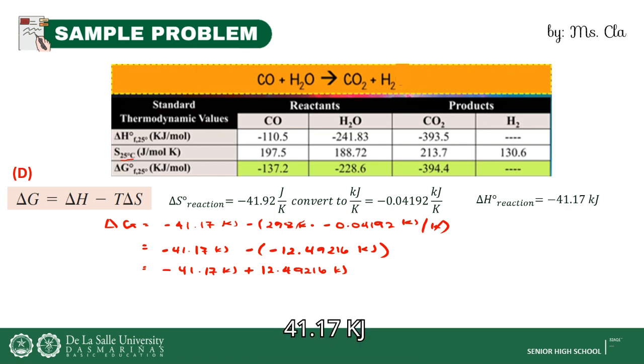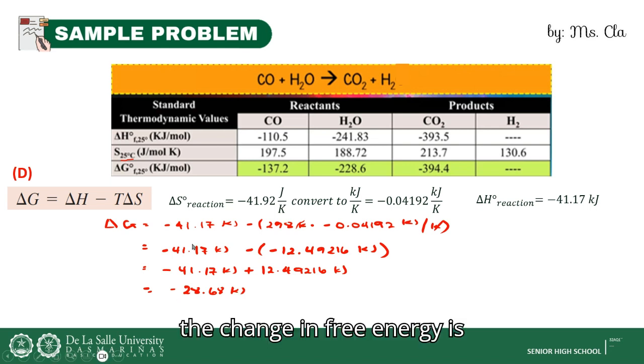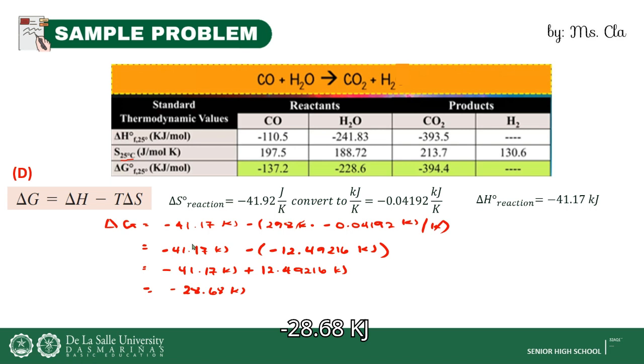Negative 41.17 kilojoule plus 12.49216, you will get negative 28.67, or negative 28.68 kilojoule. The change in free energy is negative 28.68 kilojoule.